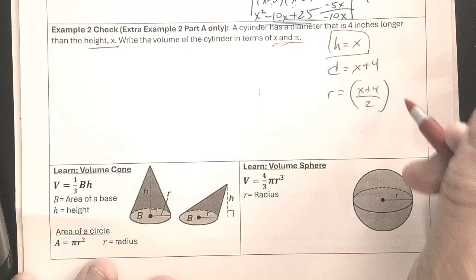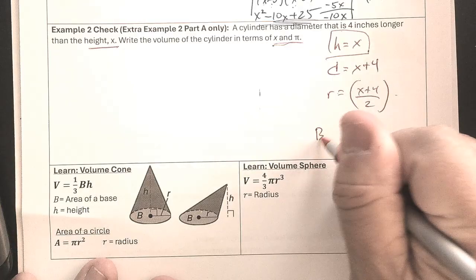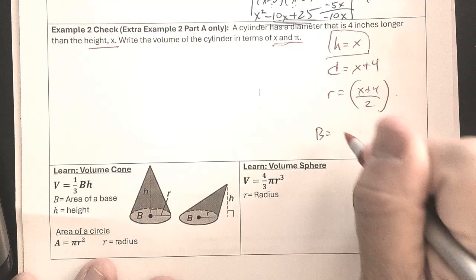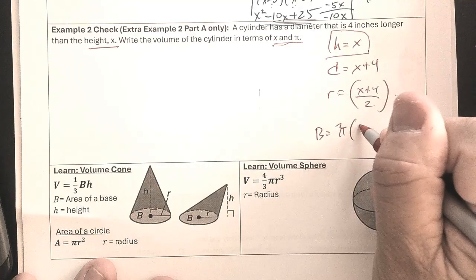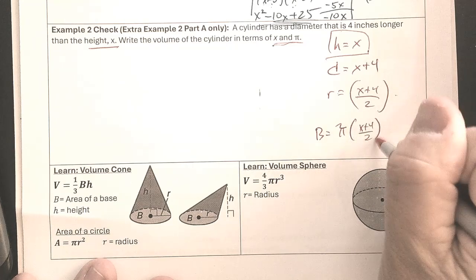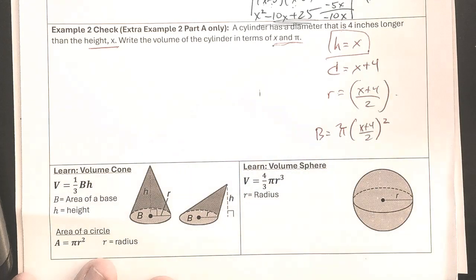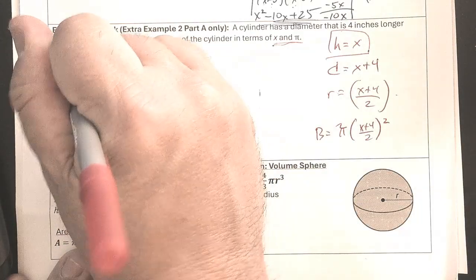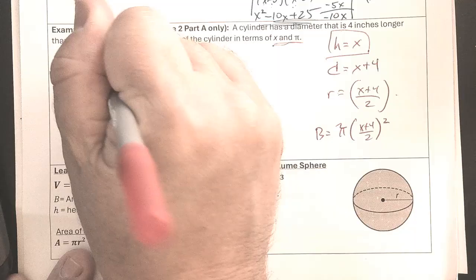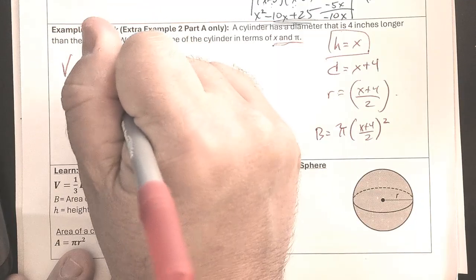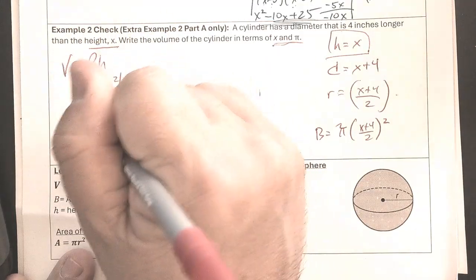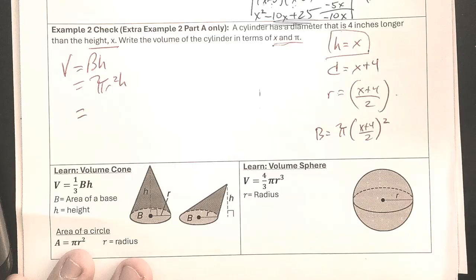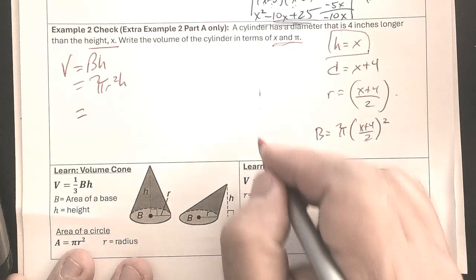So there's your radius. For your base area, it's pi r squared, so it's pi times this squared. And let me just tell you, sorry, I had a mosquito or something. So cylinder is base times height, or pi r squared times height.